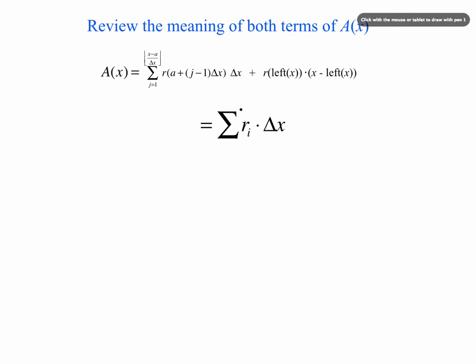We're adding up a bunch of things here, and then we're adding one last thing over here. But really, the big picture is that we're adding up a whole bunch of rates times changes in x's, which we know produce changes in y's. So little bits of changes that we're adding up to talk about accumulation.